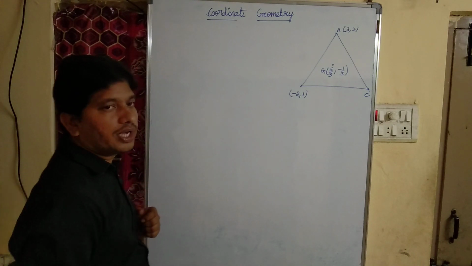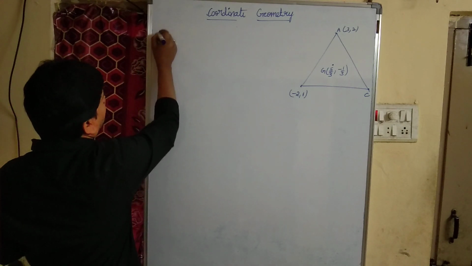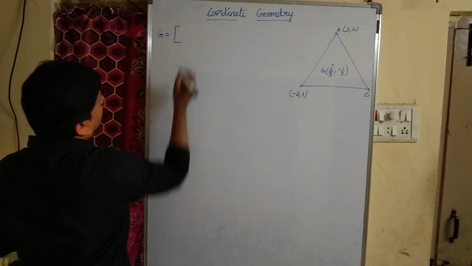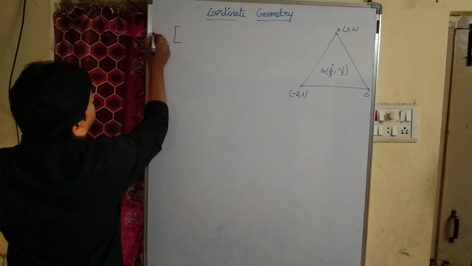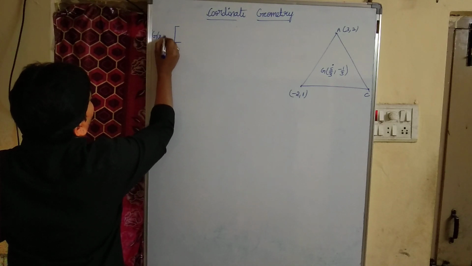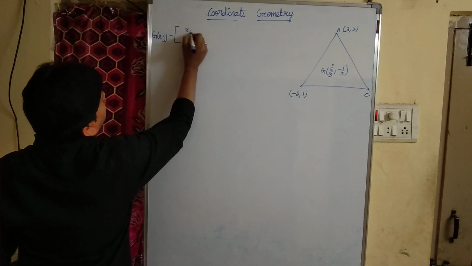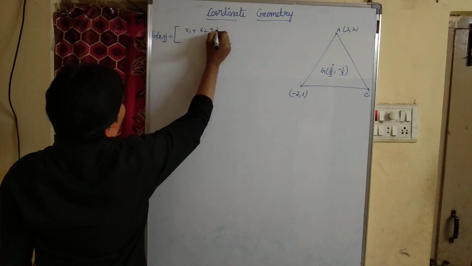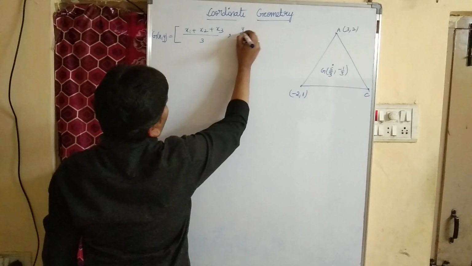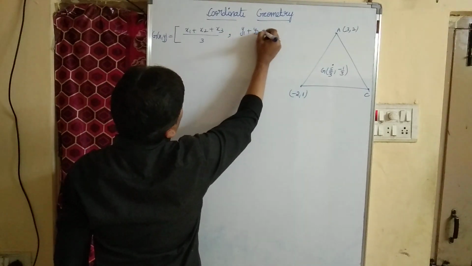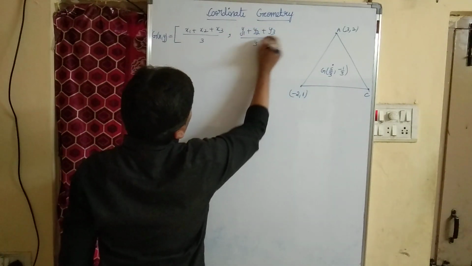As we know, the centroid of a triangle G of x comma y equals x1 plus x2 plus x3 divided by 3 comma y1 plus y2 plus y3 by 3.